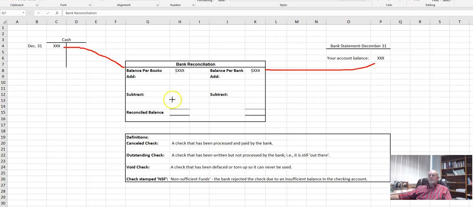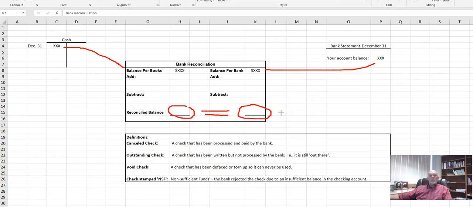And to reconcile them, we're going to add and subtract from both balances. And when both numbers are completely up to date, then what we say we have and what the bank says we have should be equal. So this would be our reconciled balance, and the two, once updated, should be equal.